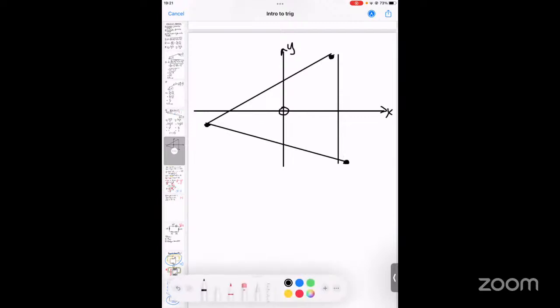No, and no, because I want it to be a straight line. I want it to be a straight line. Yes. Okay.